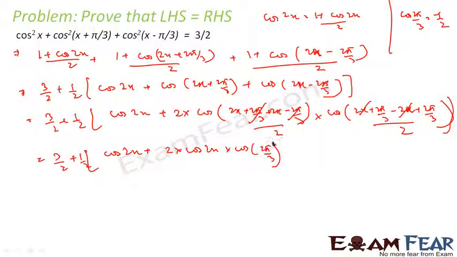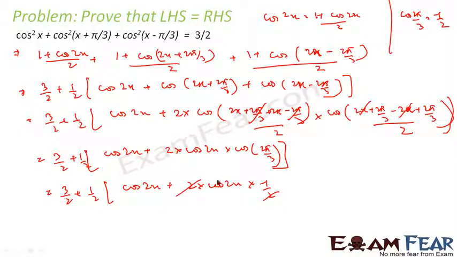So we'll replace this value. So what we get is 3 by 2 plus 1 by 2 into cos of 2x plus 2 into cos of 2x into minus 1 by 2. This becomes minus cos, this becomes plus, this is 0. So this becomes 3 by 2 plus 1 by 2 into 0, and that becomes 3 by 2.